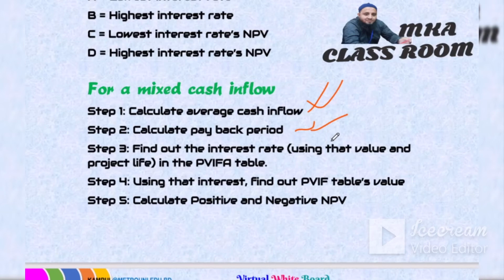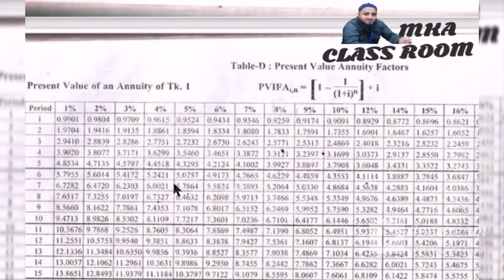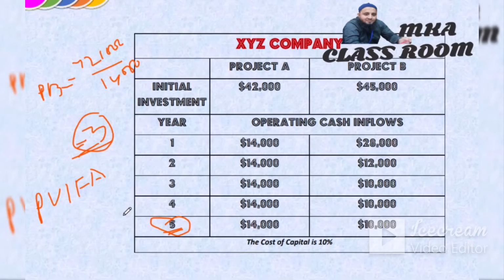So here is our PVIF table. You see our project life is 5 years, here is the 5 year row. Our required value is 3.